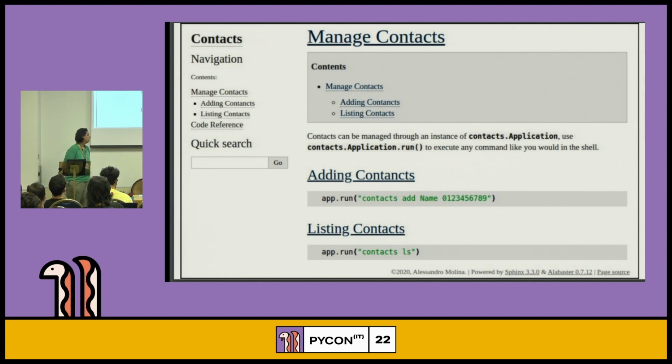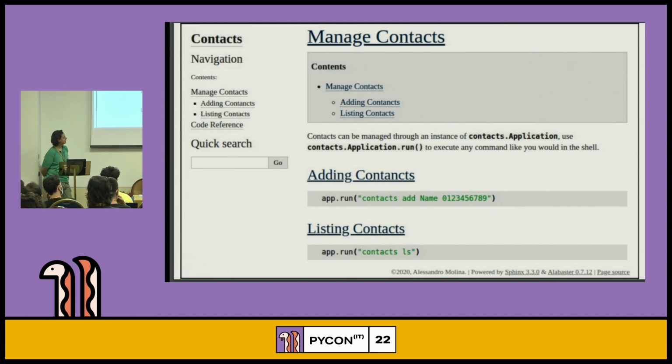This is a very simple, minimal example of documentation that I made for the purpose of the presentation, where I'm documenting how to use a library to make contact book applications. Here it's mostly explaining how you can add a new contact to your contact book and how you can list the contacts.